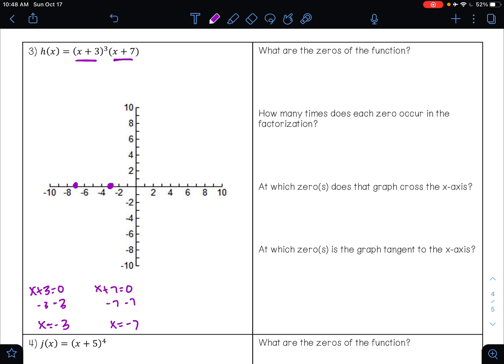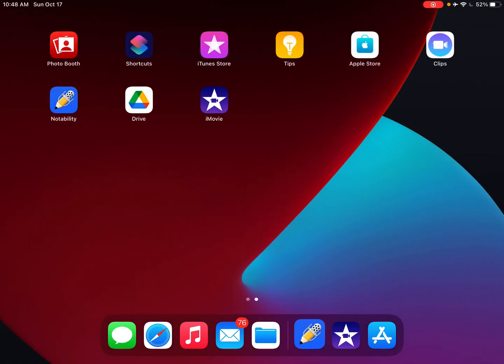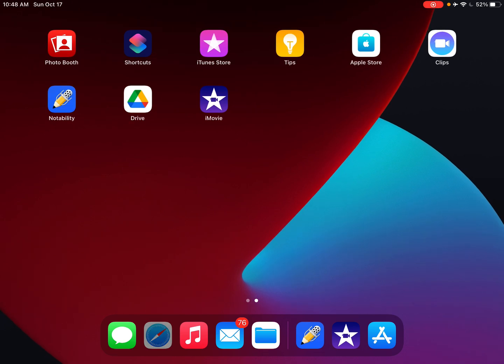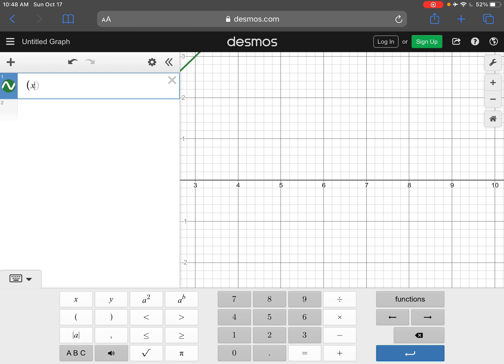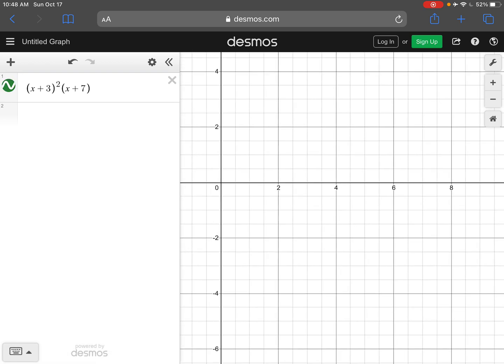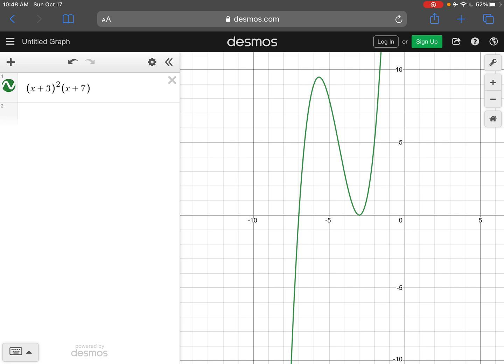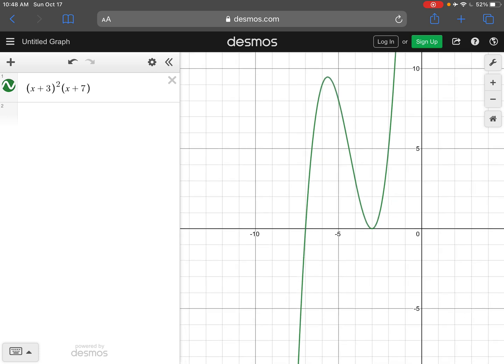And if that's a hard thing for you to visualize, again, this is why Desmos is your friend and why we love it so much. And so we'll say, okay, (x plus 3) squared times (x plus 7). And when I graph that, I just gotta zoom back out. And there we can see it.